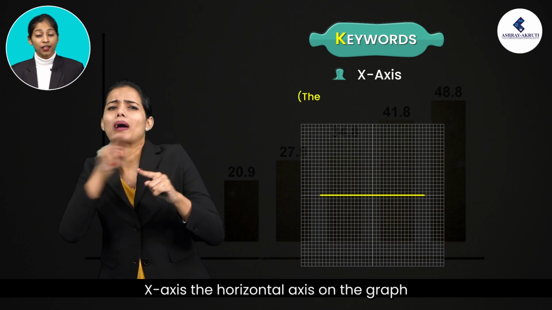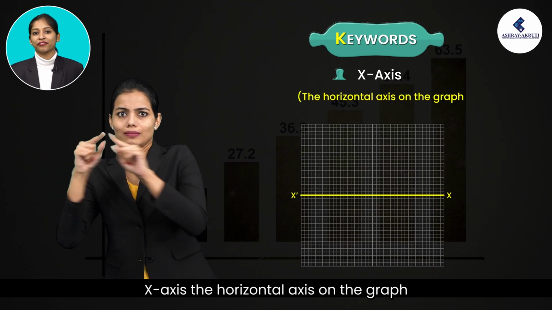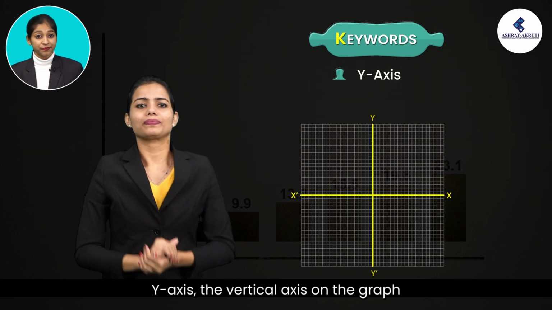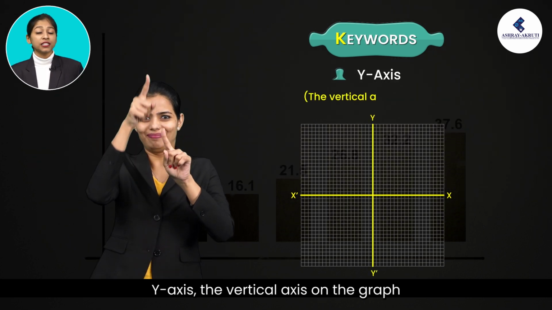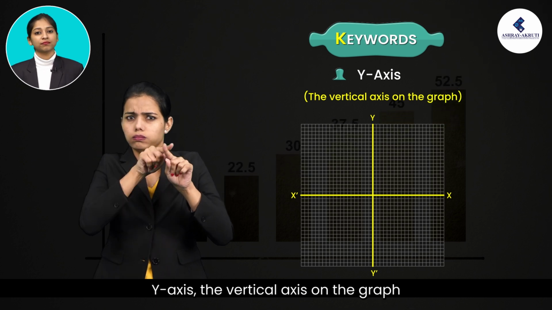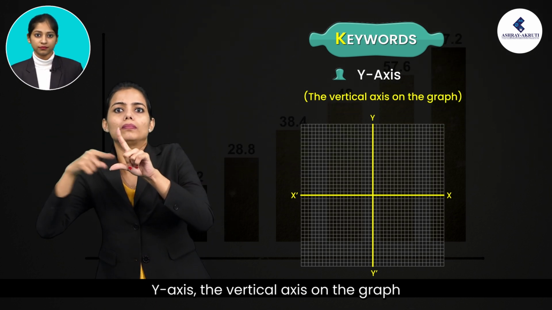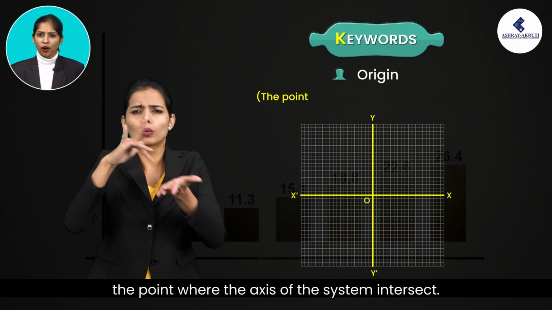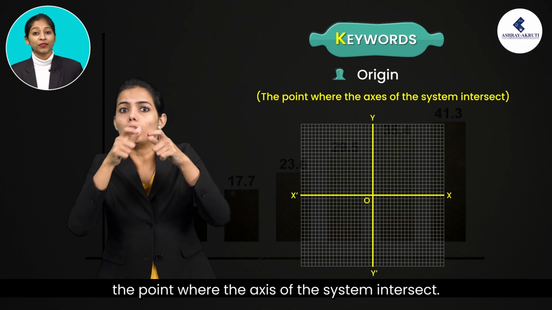X-axis: the horizontal axis on the graph. Y-axis: the vertical axis on the graph. Origin: the point where the axes of the system intersect.